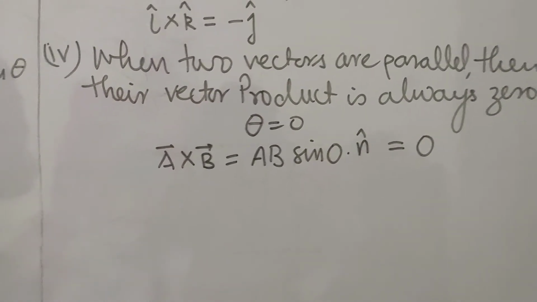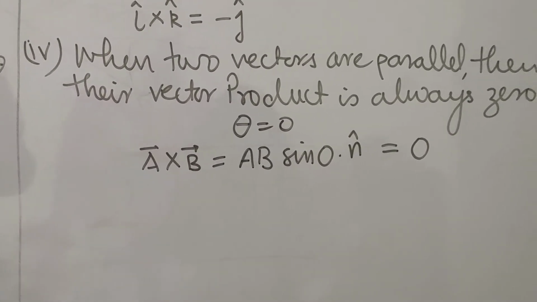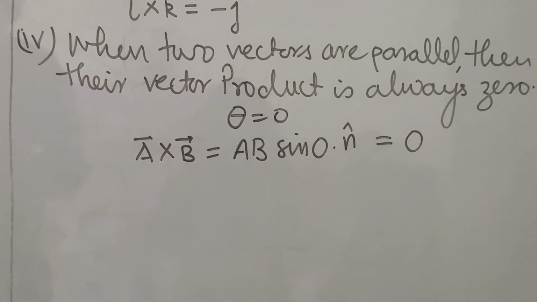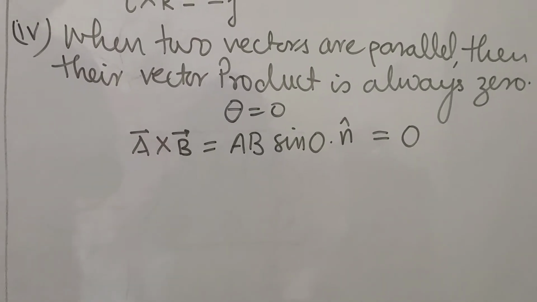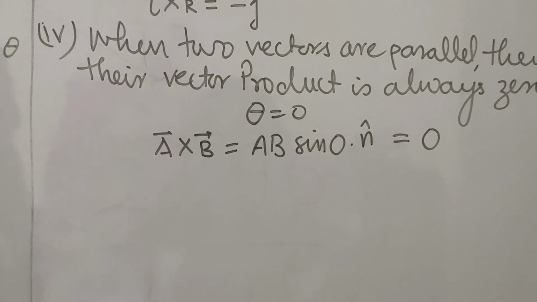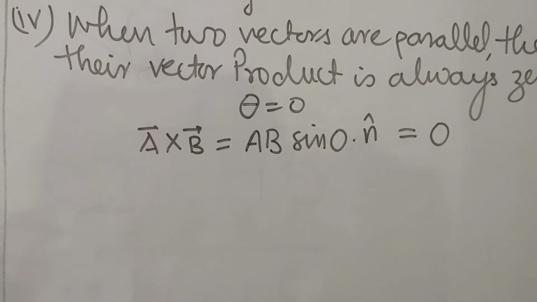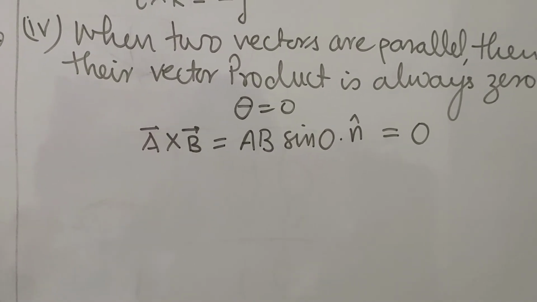In the converse form, if the vector product of two vectors is 0, then both the given vectors are parallel. If the dot product is 0, then both the vectors are perpendicular.